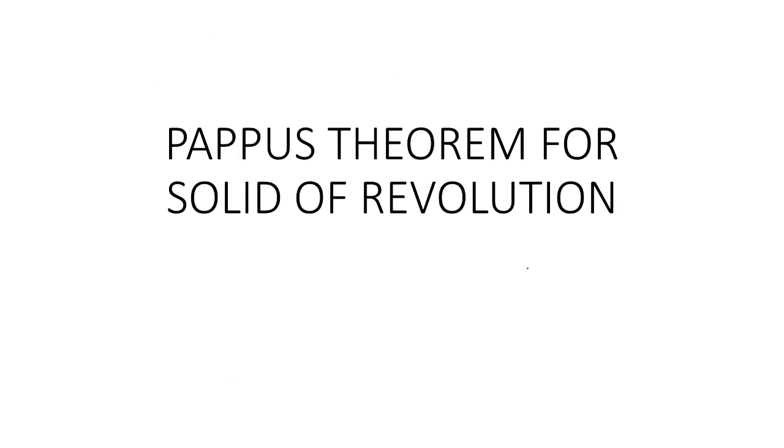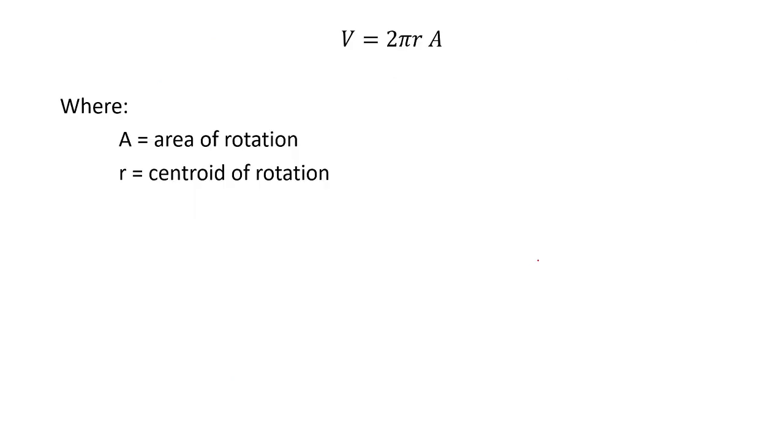So, let's now go for the Pappus theorem for solid of revolution. So, in this topic, we are going to get the volume. It is a Pappus theorem. And, sir, why do we still need Pappus theorem? And why not the other one? So, Pappus invented this formula with the use of centroids.